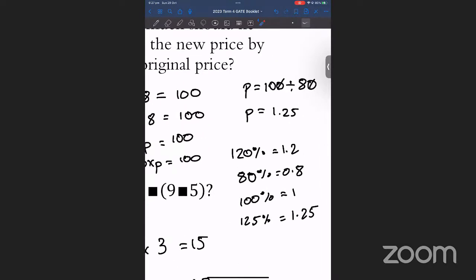Remember, when we have 120%, what is that as a decimal? 1.2. When it's 80%, what's that as a decimal? 0.8. 100% as a decimal? 1. So 125% is the same as? 1.25. Awesome.